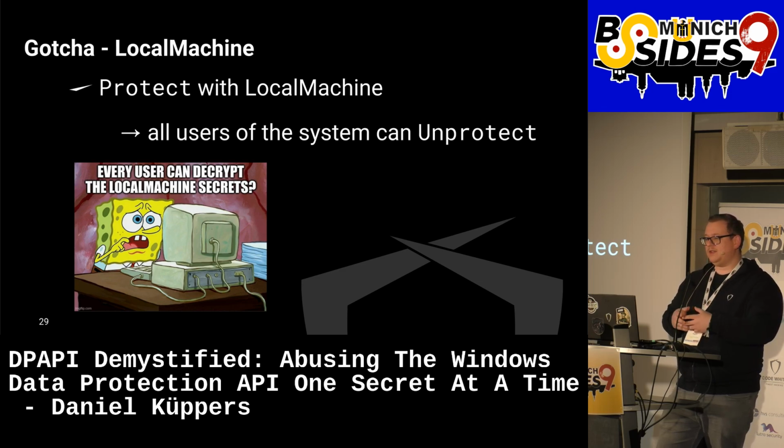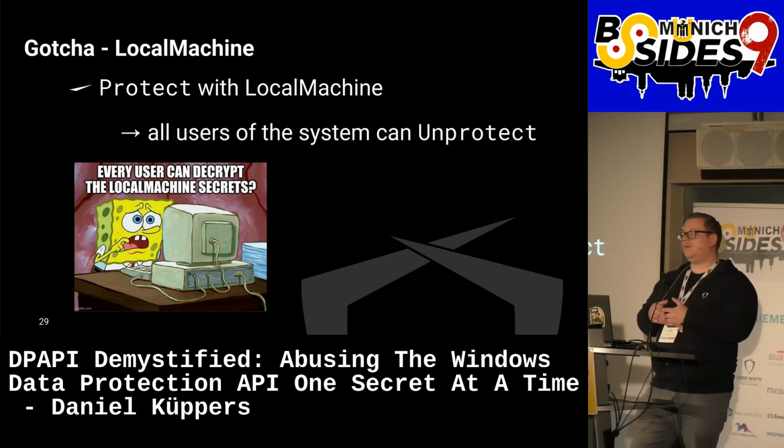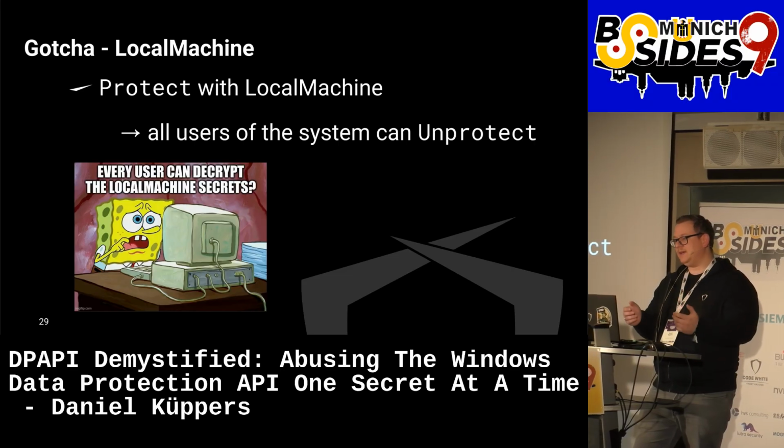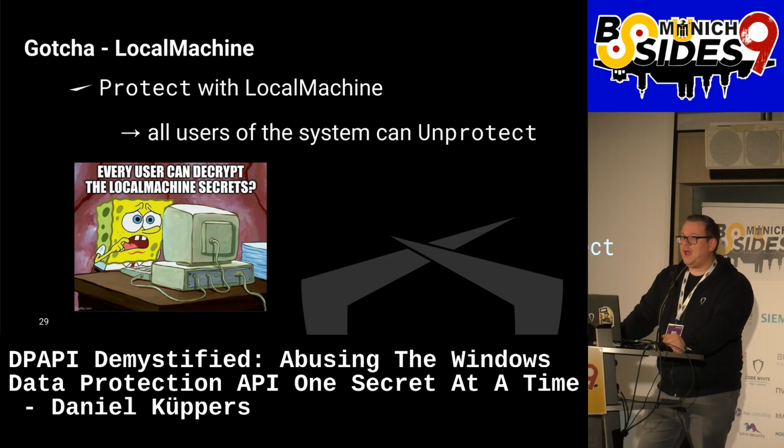And if the developers mistakenly select the local machine for the DPAPI context because, well, the credentials are for the local machine, that is a mistake, then every user on the system can use these machine-wide master keys to unprotect the credentials if they have access to the destination.